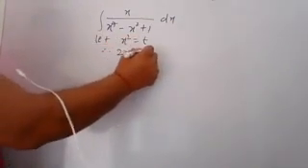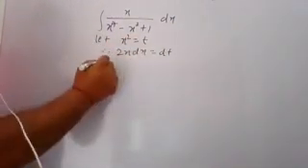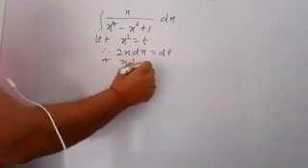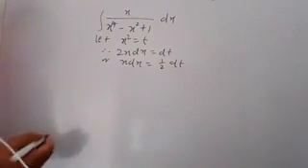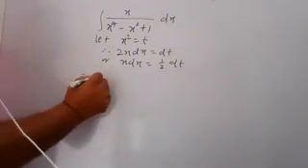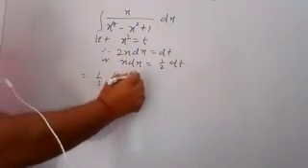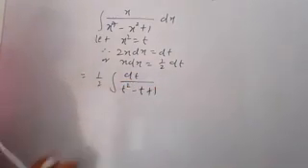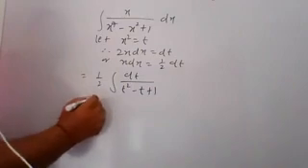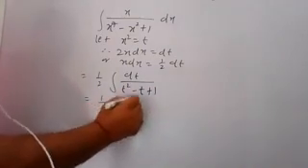So 2x dx is equal to dt, or x dx is equal to 1 upon 2 dt. Now use it. So 1 upon 2 integration of dt upon t square minus t plus 1. So make it a perfect square and solve it.